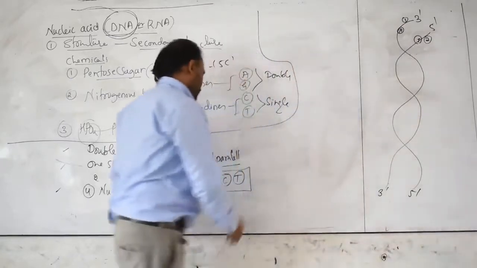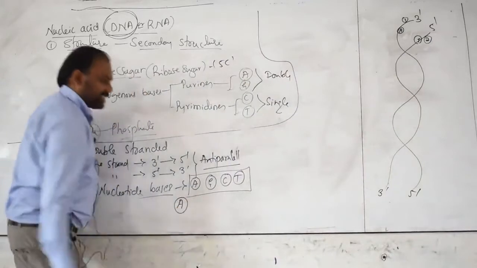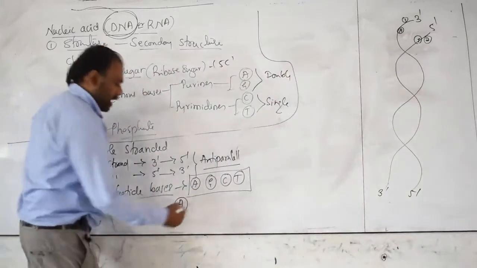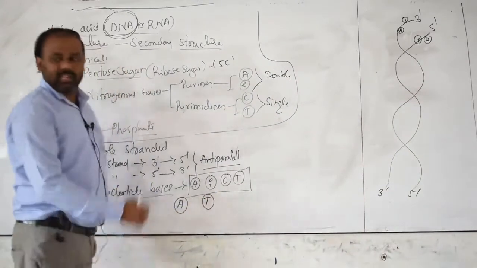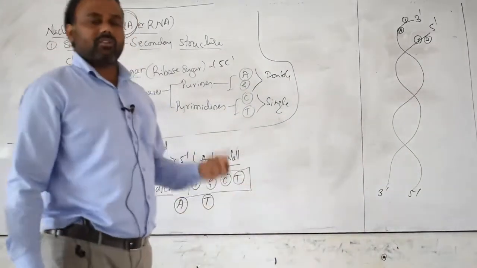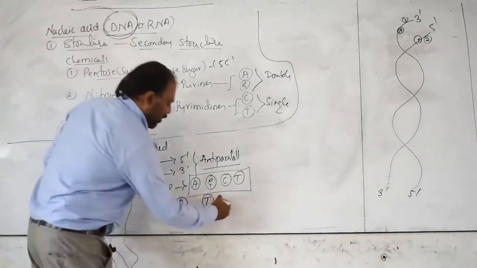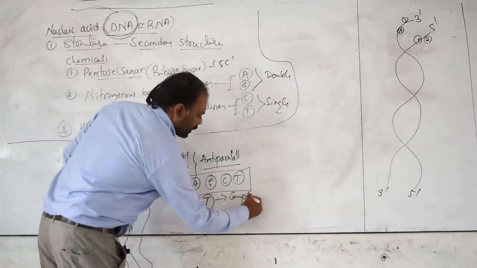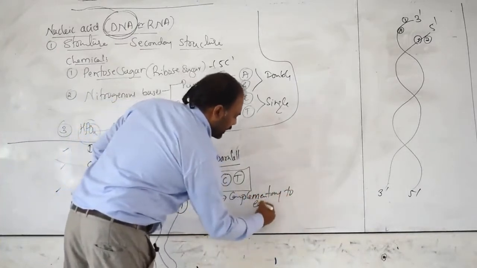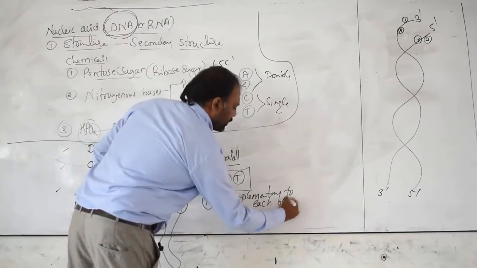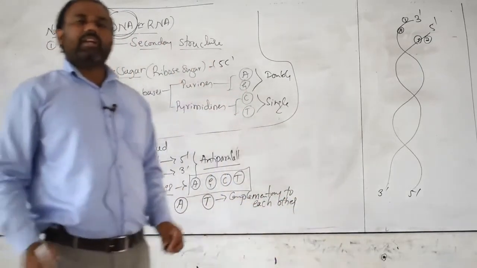I mean to say that if adenylic acid is present in one strand, definitely in the opposite strand we must have thymidylic acid, so these two are called complementary to each other.